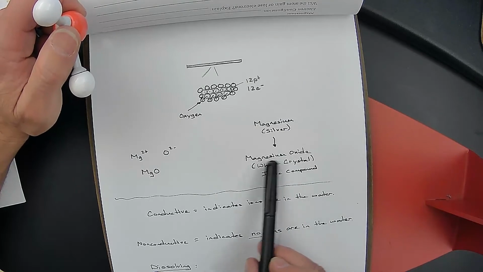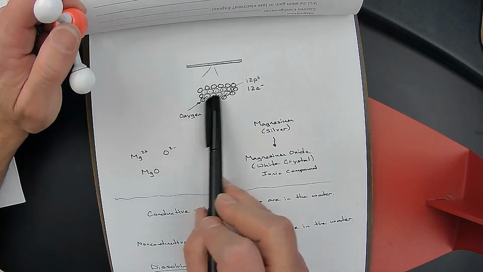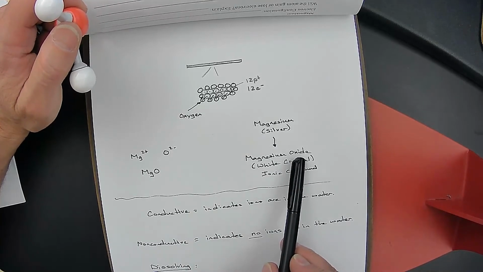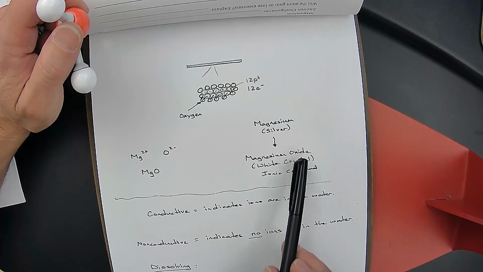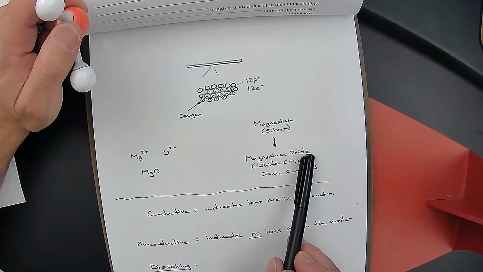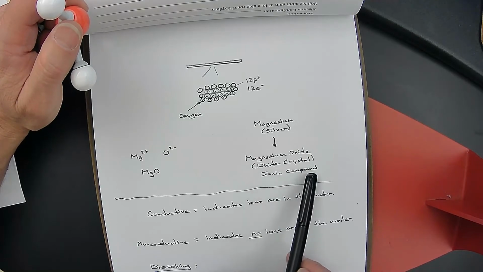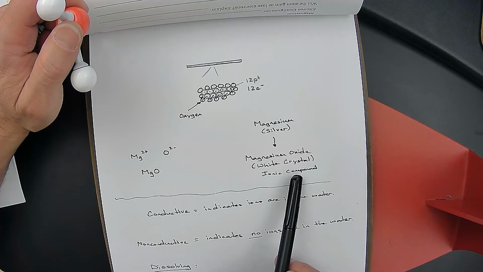So it's evidence to us that the original magnesium metal bonded with the oxygen in order to form a white crystal, and that white crystal is an ionic compound.